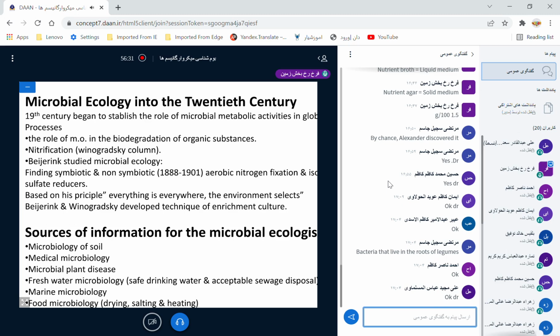So he says microbes are everywhere. What does it mean? Everything you look at on the table, there is nothing visible. But fungi are inside our home, in the environment.